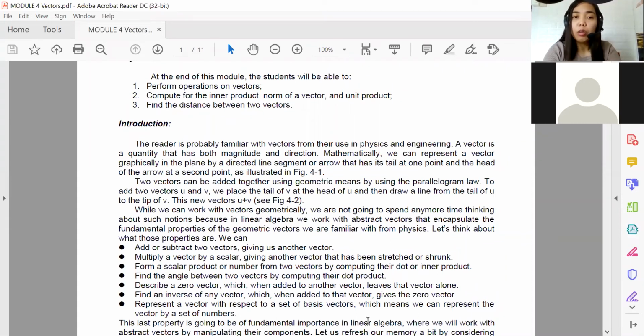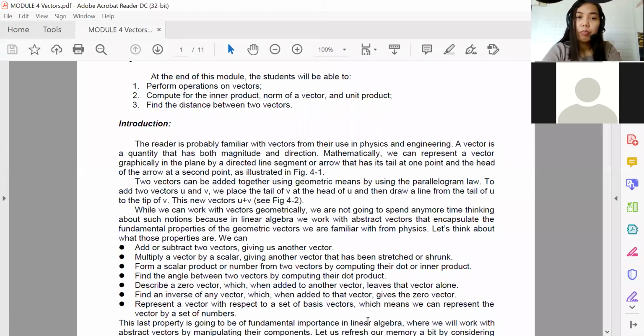So we can add or subtract two vectors, giving us another vector. We can also multiply a vector by a scalar, so that's scalar multiplication, giving another vector that has been stretched or shrunk. Form a scalar product or number from two vectors by computing their dot or inner product. Find the angle between two vectors by computing their dot product.